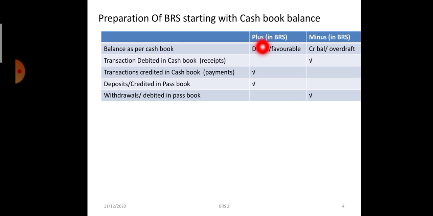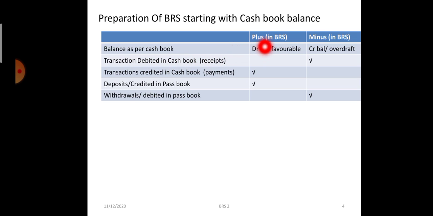And if an unfavorable, credit balance is given, then we will write it in the minus column. Now, since we have to find out the passbook balance, we have to cancel or nullify the effect of the transactions recorded in cash book, like a transaction debited in cash book.